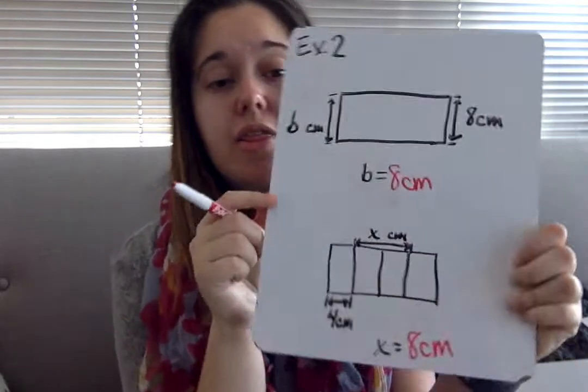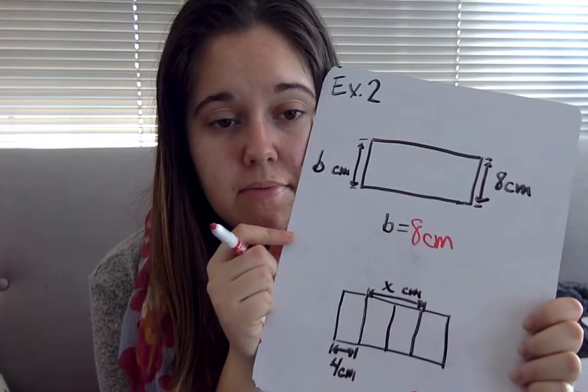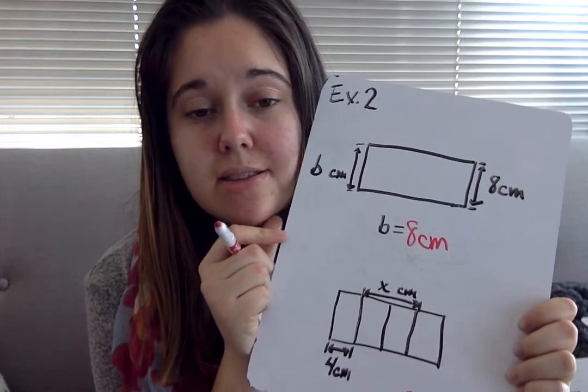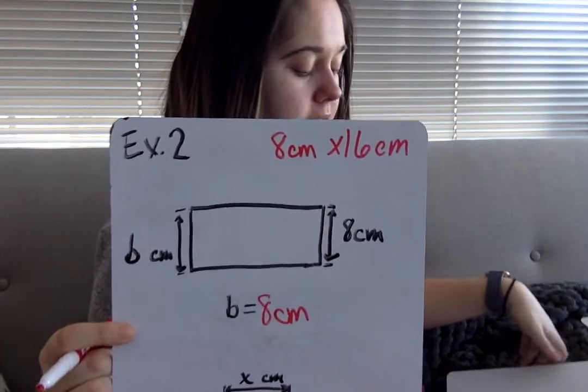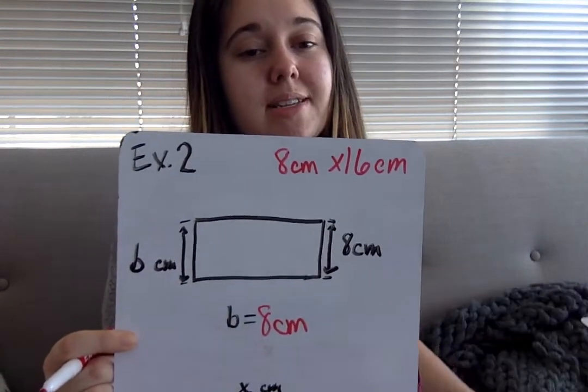If the 2 rectangles have equal lengths and widths, what's the area? So we'd have an 8 by 16 rectangle, right? Well, so let's do 8 centimeters times 16 centimeters.